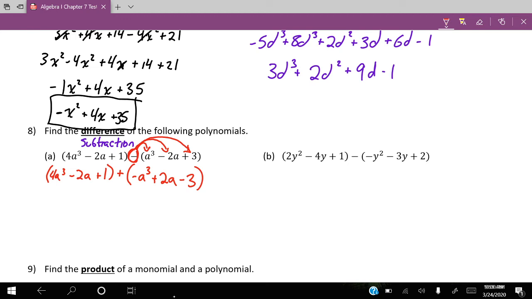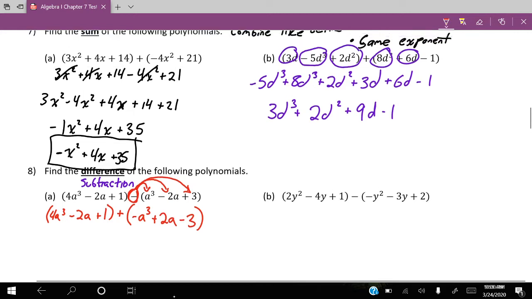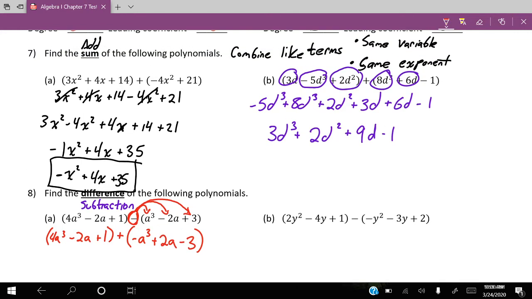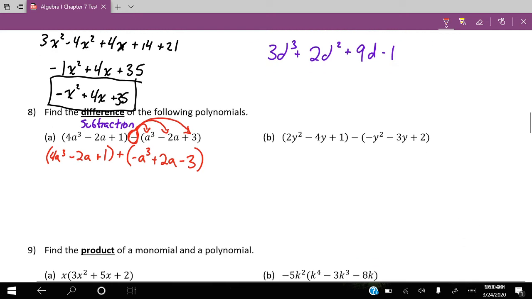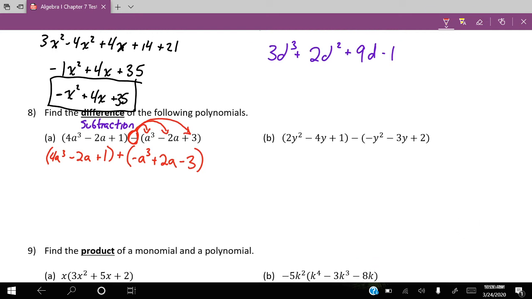All right, now if you notice, after I've distributed the negative, this looks like a sum. This looks like number 7. So I'm going to ignore the parentheses, and I'm going to rewrite it so that like terms are next to each other. So I'm going to find my terms with the highest exponent.